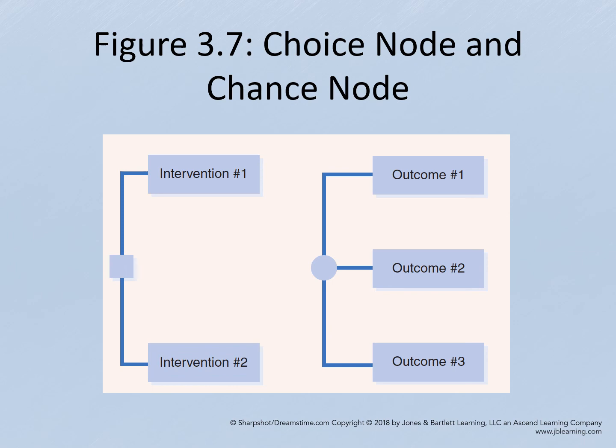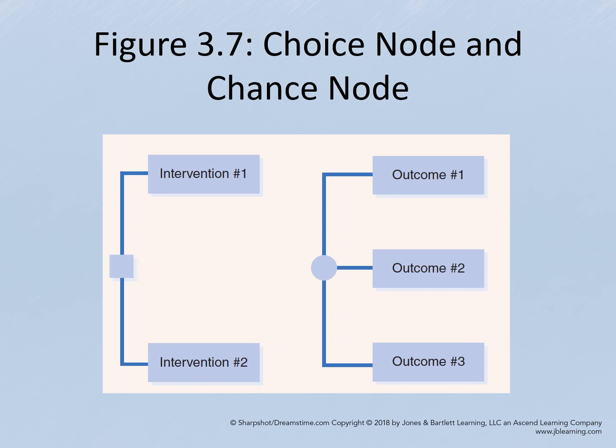A decision tree is made up of two types of nodes. One is a choice node and the other is a chance node. A choice node is represented using a square box, and a chance node is represented using a circle.